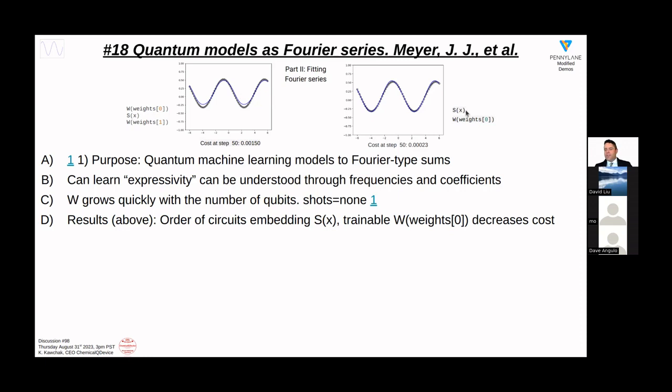I actually did the traditional route, and I went embedding to trainable layer, and then my cost was down by an order of magnitude. The blue line is what you're trying to fit to, and the black dots are after running your quantum circuit, how close does it fit. So this is part of that. They call it part 2.